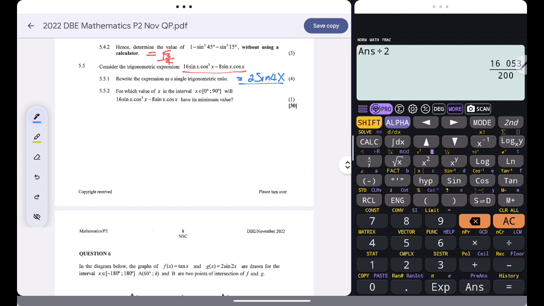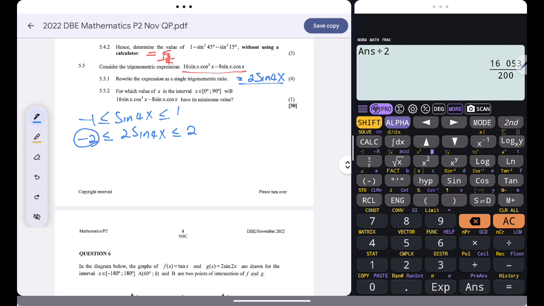Always just know that sine 4x will be always between -1 and 1. Are you together? But now we have a 2 in front of sine 4x. So if you multiply everything by 2, we'll have -2, and then we'll have 2. The minimum value is this one.